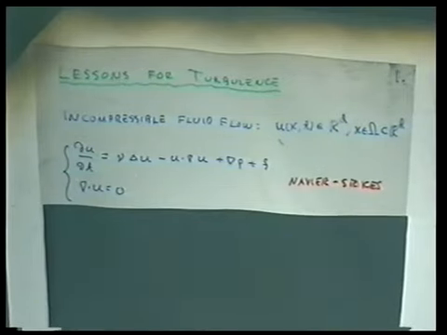The equation is of the form acceleration, namely the derivative of velocity with respect to time, equals force. There is a nonlinear term, which comes from the fact that you are sitting and watching the motion of the fluid instead of moving with the fluid element. That's a natural thing which naturally occurs there.